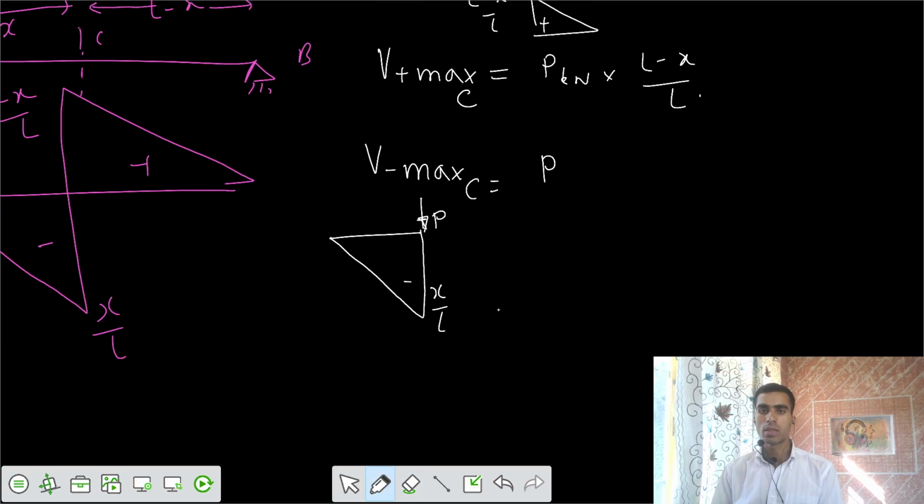That means P kilonewton into that ordinate of minus x by L. So it would be a negative shear force. And you got these two values.